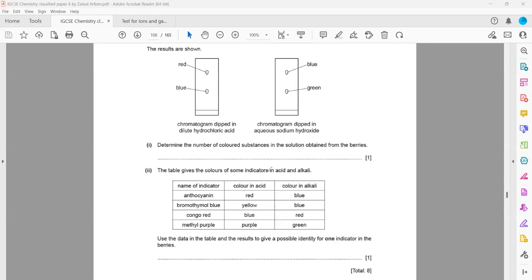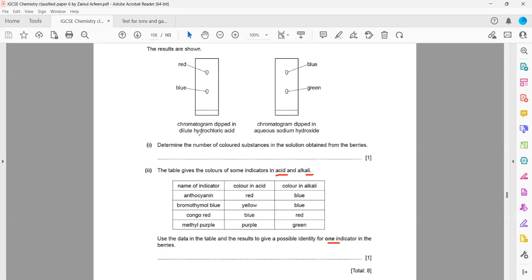The table shows the color of some indicators in acid and alkali. Use the data in the table to give the possible identity of one indicator in the berries. We can check for color because the berry has indicators itself. For example, anthocyanin in acid is red.